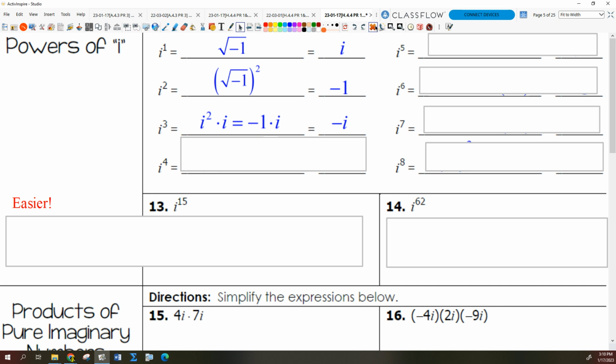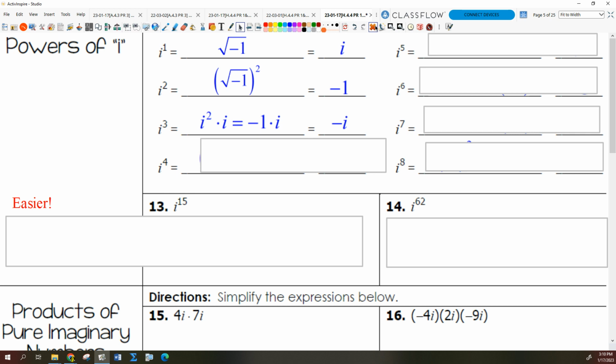Okay, well, you guessed right, but here's how we could do it. i to the 4th. Now, I think you were just doing i cubed times i, weren't you? Yeah, because i to the 4th is i cubed times i. So negative i times i would be negative i squared. i squared is negative 1. So I'd get negative negative 1, which is 1, right?